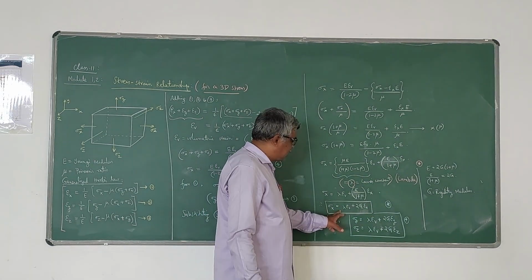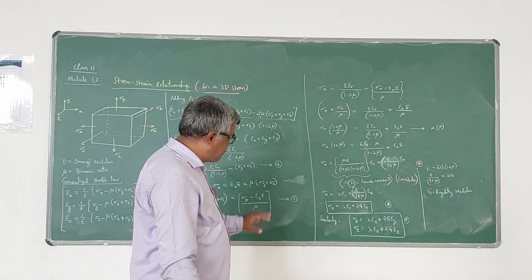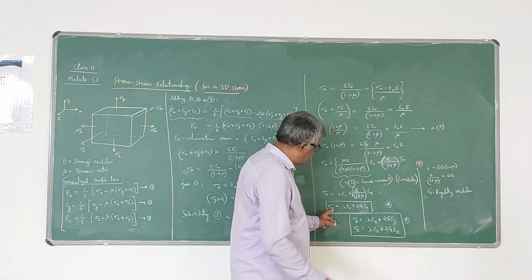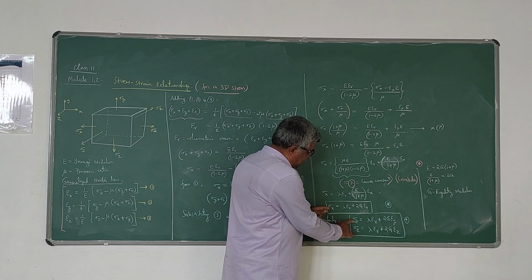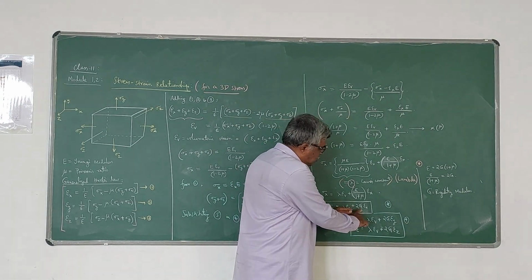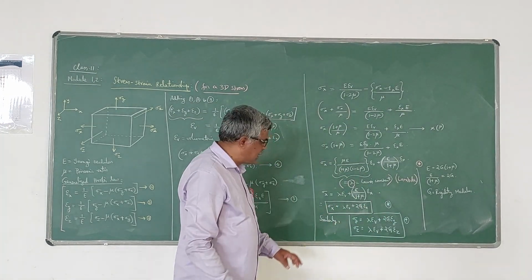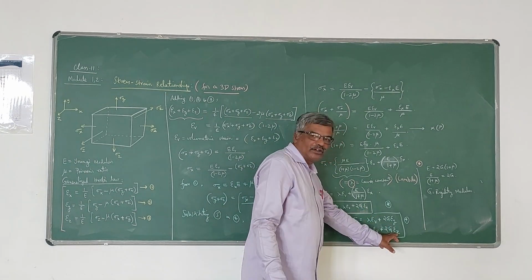Similarly, I have done this by considering one direction. You can prove it by considering the y and z directions. Sigma y is equal to lambda into epsilon v, which remains the same, plus 2G, which remains the same. Instead of epsilon x, epsilon y will come into the picture, and in the case of sigma z, epsilon z will come into the picture.